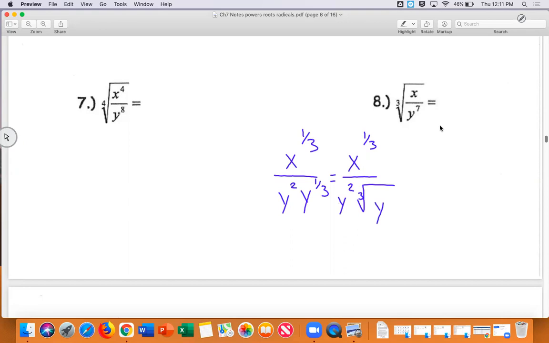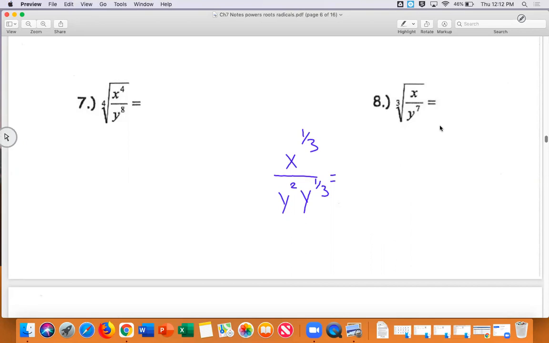Agreed? So let me backtrack to here, because this is where you want to be. You want to feel comfortable here. To make this acceptable, what we want to do is make this whole y to the 1/3.